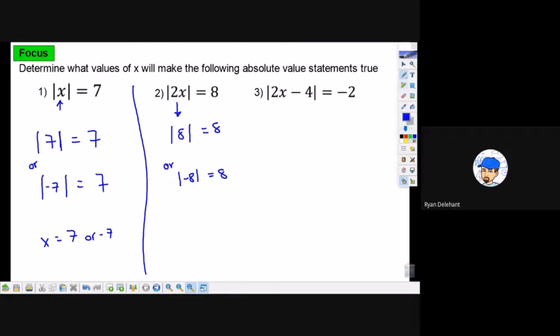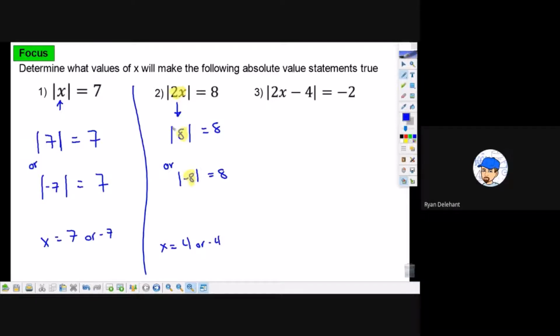So what that means is that this 2x can equal 8, or it can equal negative 8. And if we wanted to figure out x, I think you could figure out x. X for this one would be 4 or negative 4, right? We can look at that one and figure it out. But what are we actually setting up and solving?